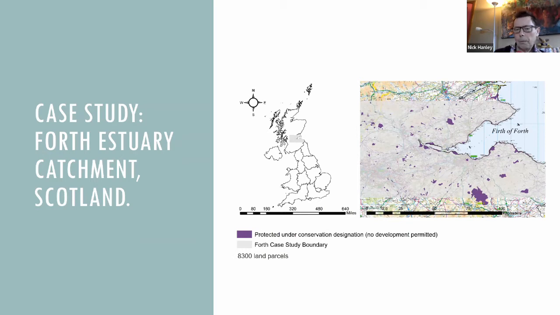So our biodiversity offset suppliers are all located in this space, and our biodiversity offset demanders are all located in this space. There's no trading permitted inside or outside of these boundaries, only inside these boundaries. So that gives us 8,300 land parcels that we have to have in the agent-based model.